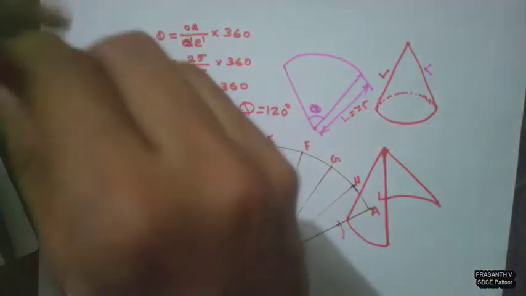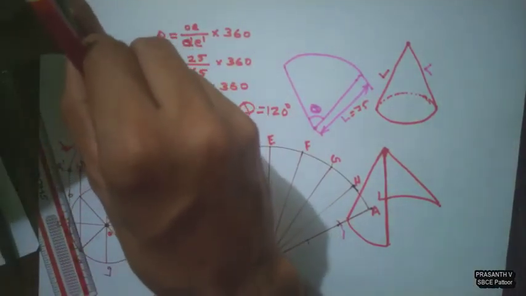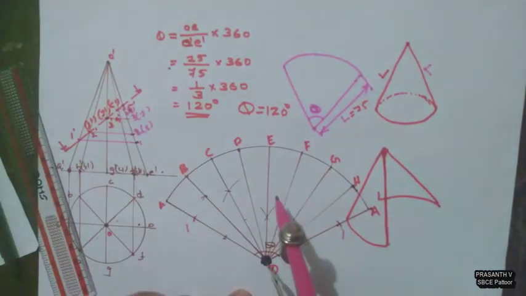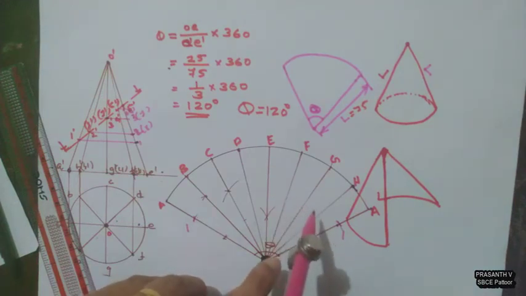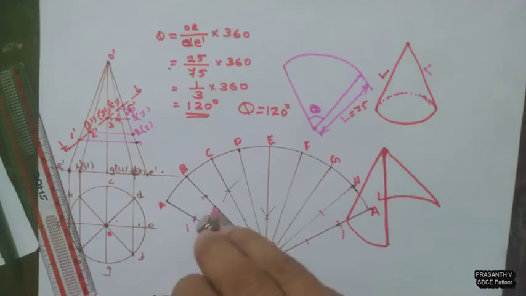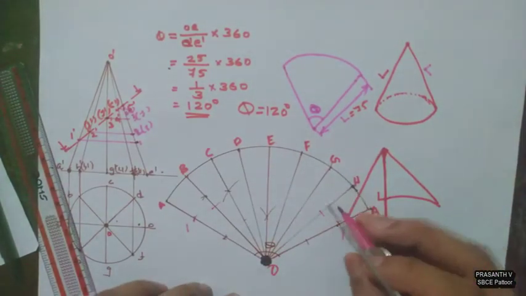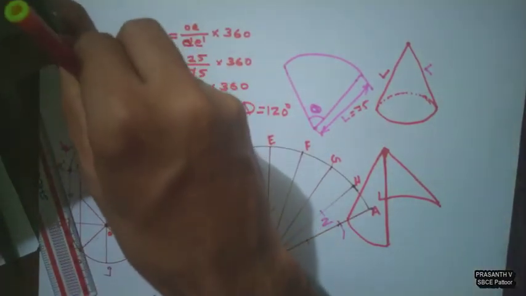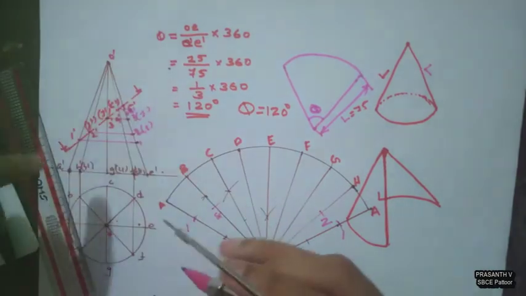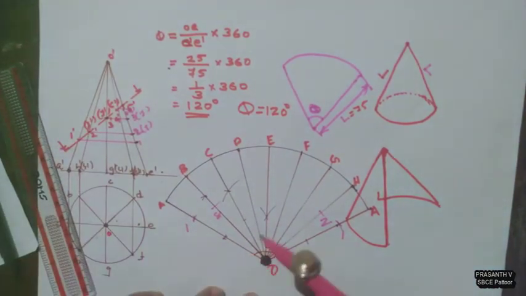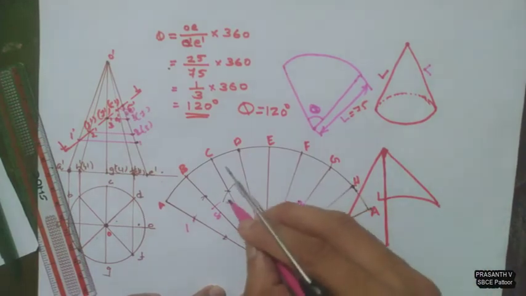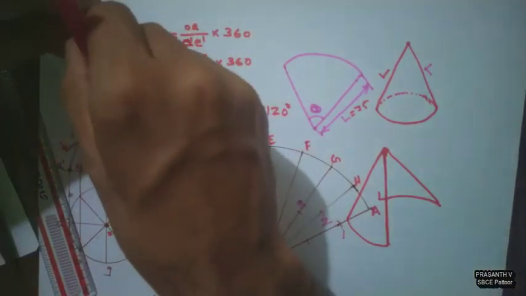Now 2 and 8. 2 is on the line OH and 8 is on line OB. You can see from this. Here you can mark 2 here, 8 here. This is 2, this is 8, and 3, 7. 3, 7 is on lines GO and CO. 3 is on G, 7 is on C. Now 6 and 4.